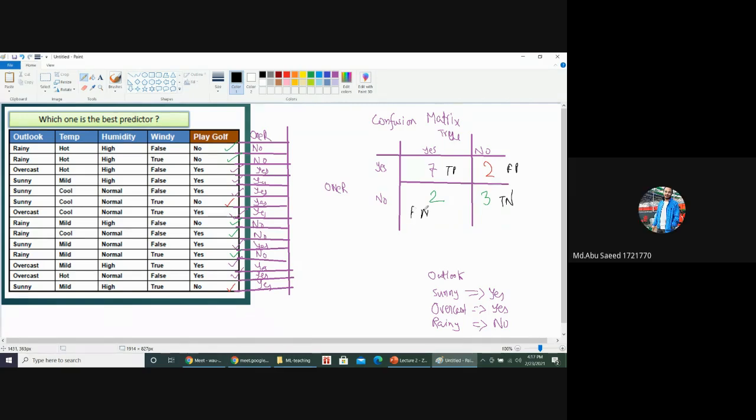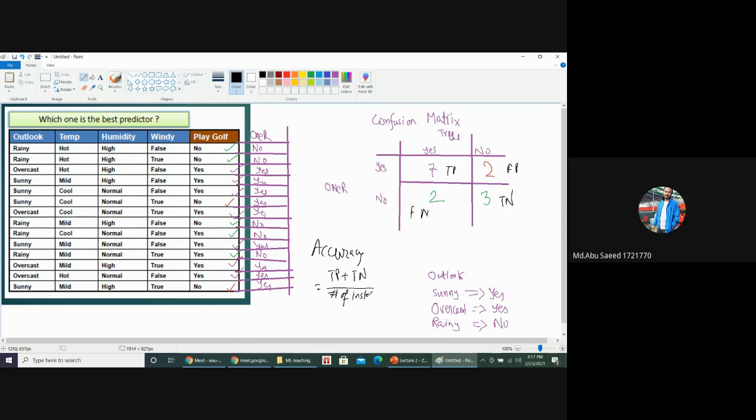Okay. So what is your accuracy in this example? How do you find the accuracy here? Accuracy in this example would be true positive plus true negative, divided by the total number of instances. Correct, Nakina?